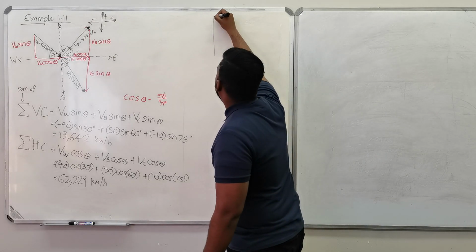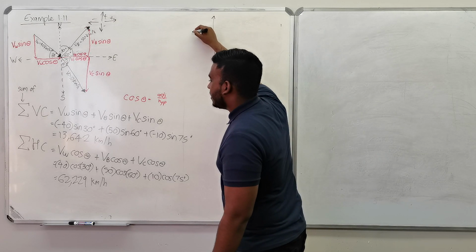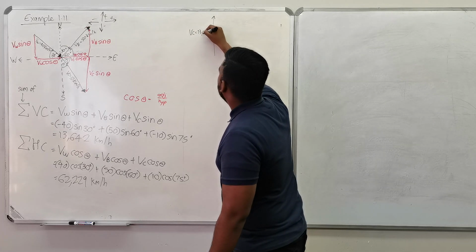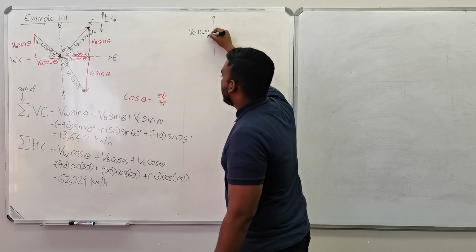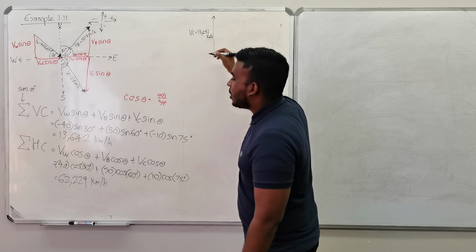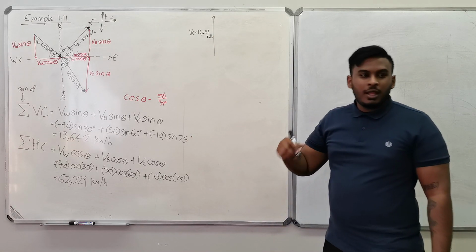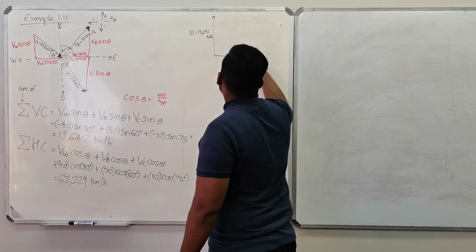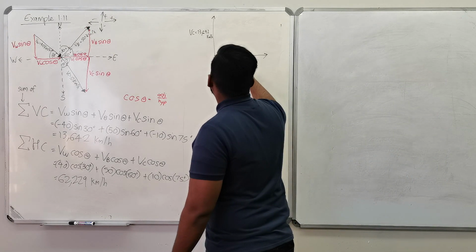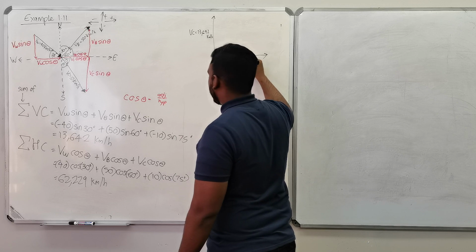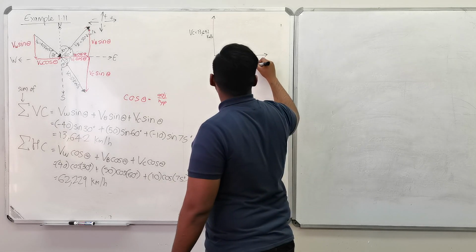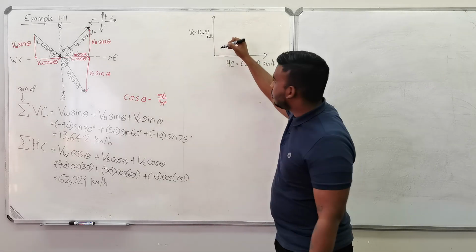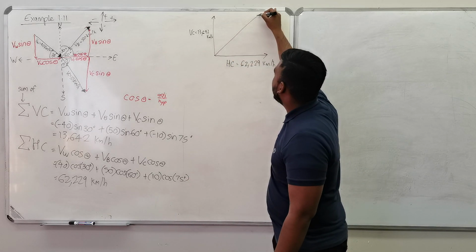So we'll draw the line like that, and its vertical component is equal to 13.642 kilometers per hour. And its horizontal component is moving in a positive direction, so which way will we go? East. So this horizontal component will be equal to 62.229 kilometers per hour. The resultant of these two would be something like that.